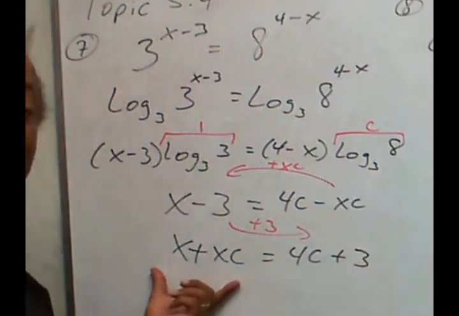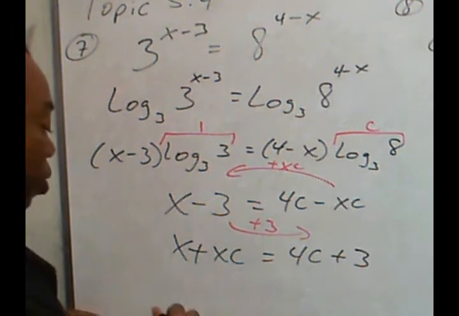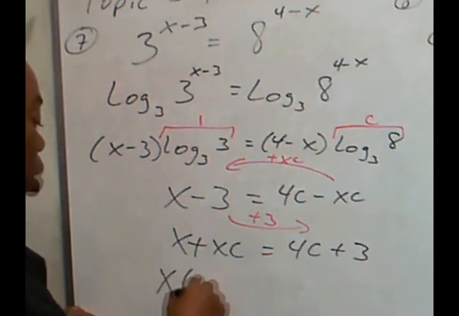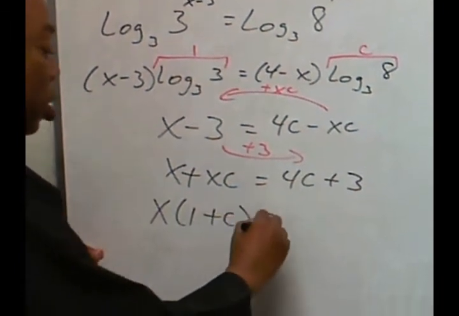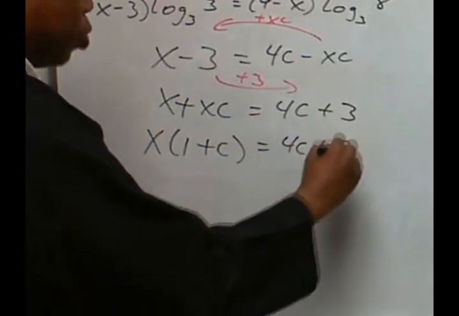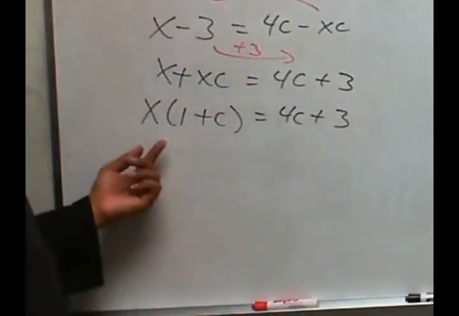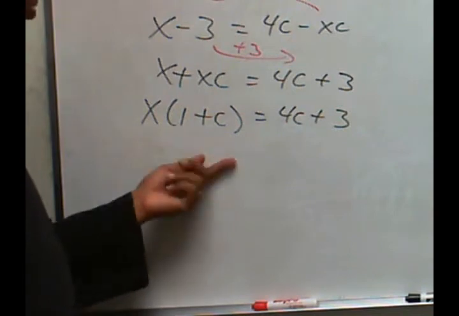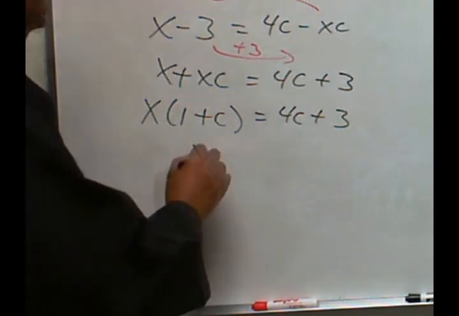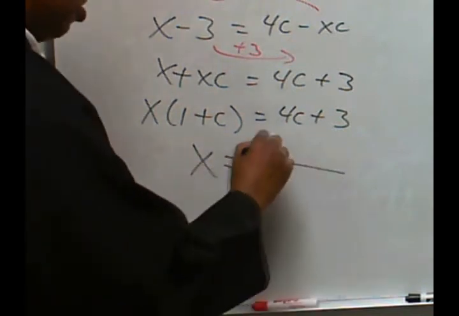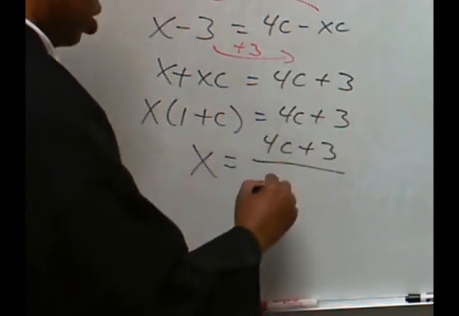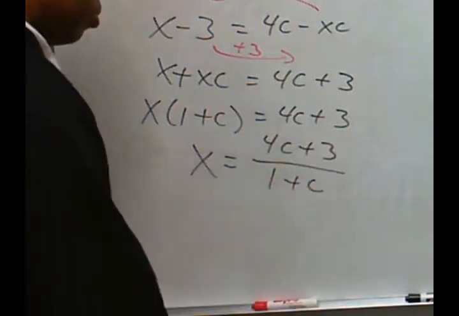Now that we have the x's on the same side, I can factor out my x's here. This will give me x times 1 plus c equals 4c plus 3. And now I'll divide both sides by 1 plus c. This will give me x equals 4c plus 3 all over 1 plus c.